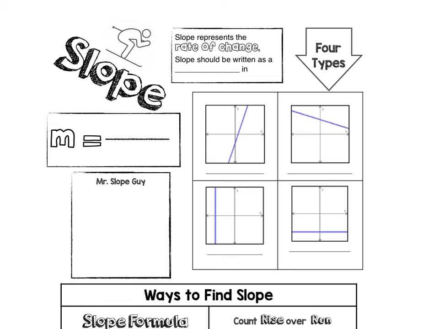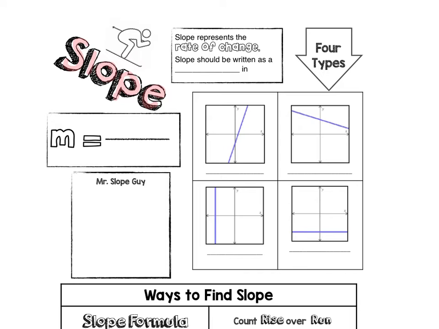So notice up here that I have the word slope slanted downwards, okay? And I have a little skier on top. That's telling you that the slope of a line is the slant of the line, right? It's how it is slanted. Sometimes it may be slanted downwards, sometimes upward, but that tells you what the slope of the line is.